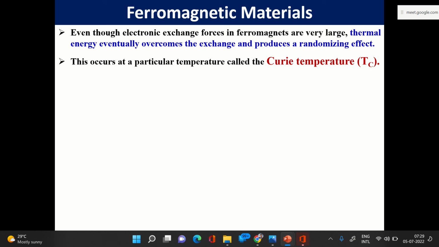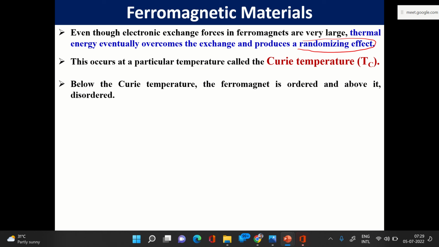With an increase in temperature, if you have already achieved the saturation magnetization and then start heating the material, the spins will become random slowly because of the thermal energy, and the value of magnetization will decrease with increasing temperature, and at some point all the magnetization will be gone.